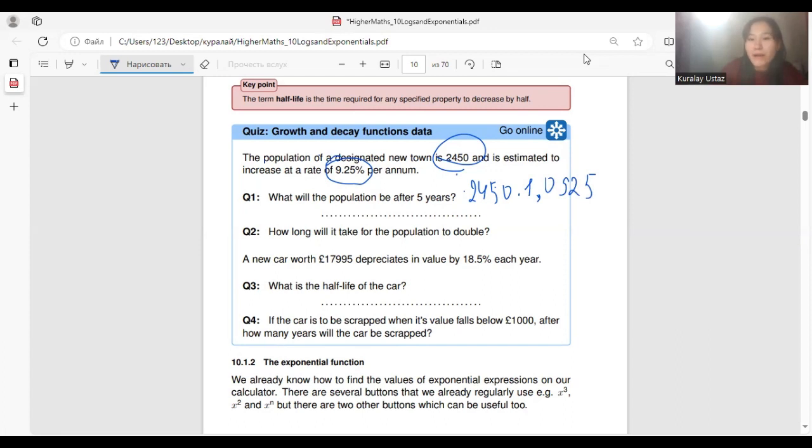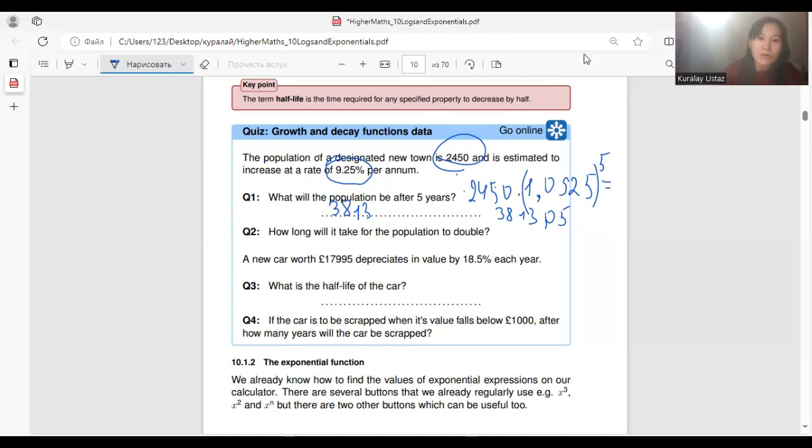Since it's 5 years, it should be power 5. So the answer, let's calculate. If we're talking about people, this will be a whole number, so let's round it. That's the answer.